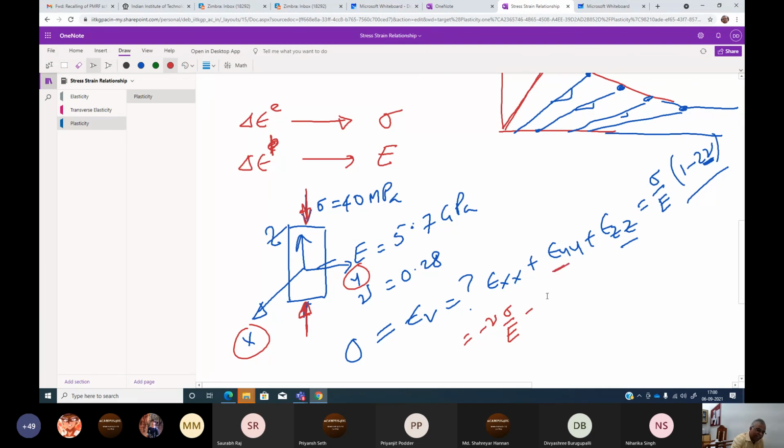Then this direction will also be the same, and this is sigma by E. That's why sigma by E is common, and 1 minus 2 mu. Yes, sir, I understood. Because the formula is epsilon xx plus epsilon yy plus epsilon zz. This is coming from the Poisson effect.